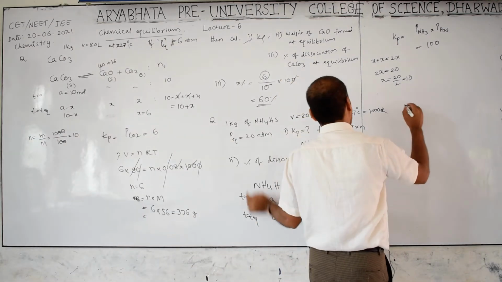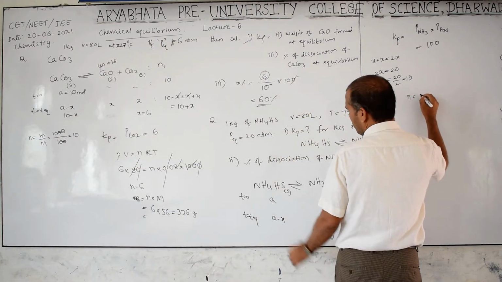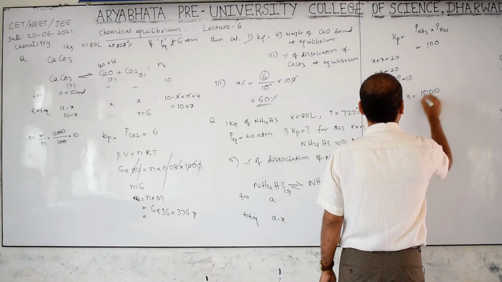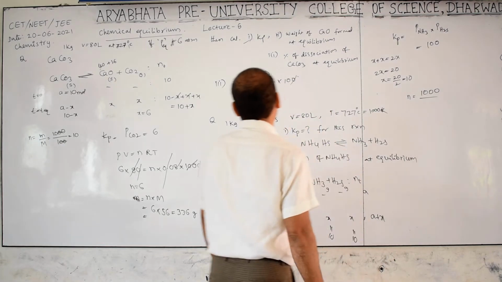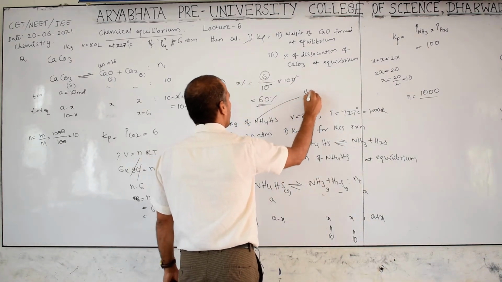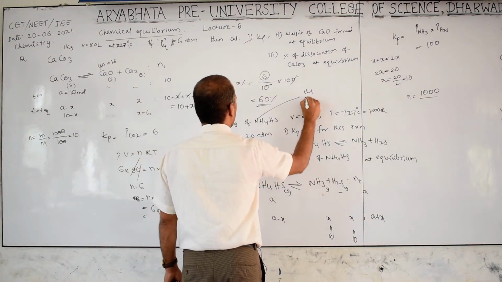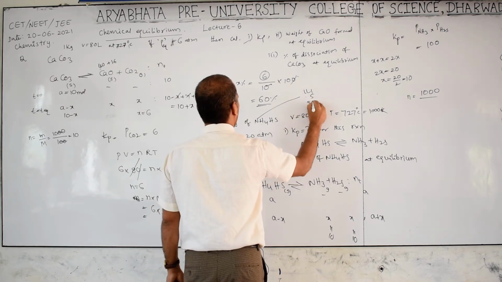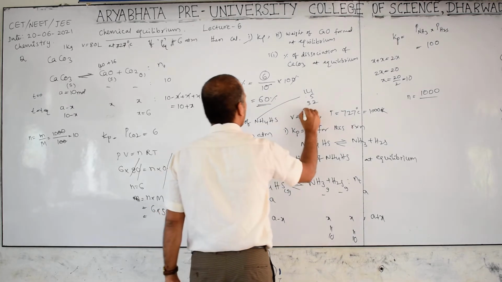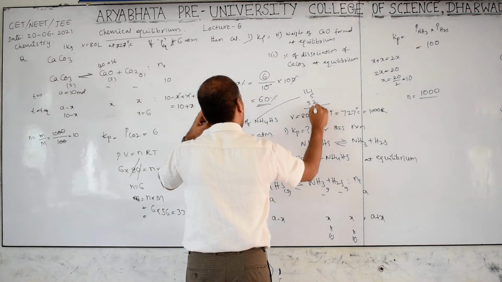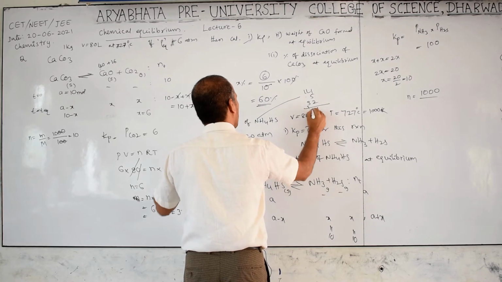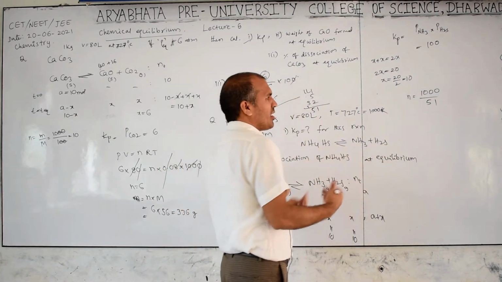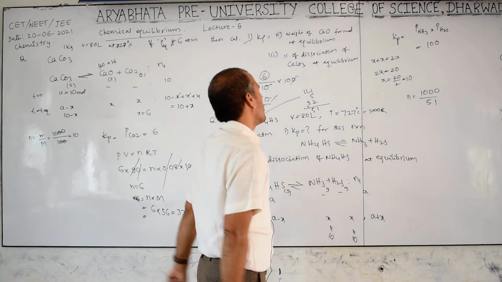What is the initial number of moles? n is equal to 1 kg given, meaning 1000 gram, divided by its molar mass. Nitrogen 14, hydrogen 4 plus 1 is 5, and sulfur is 32. So 9 plus 2 is 11, plus this is 51. Therefore this is 51. You can calculate, or you can keep it like this also.